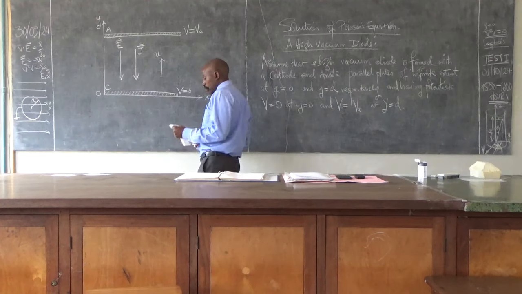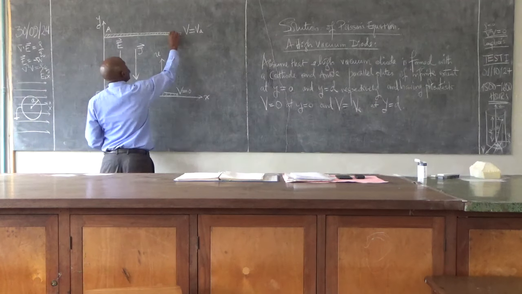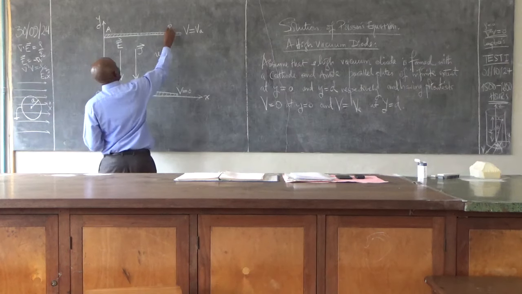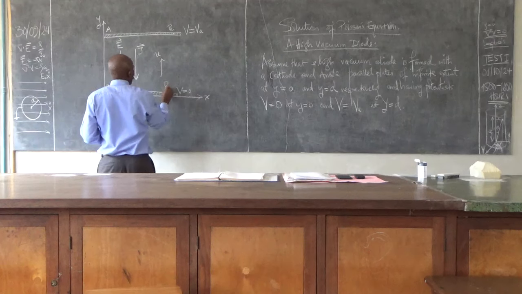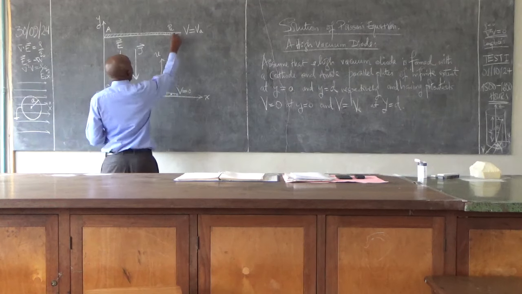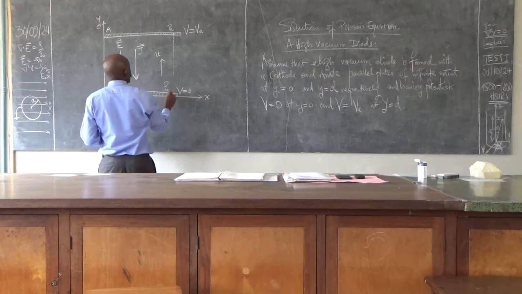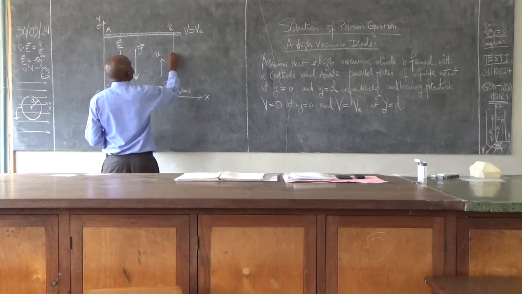And then we shall say that at these two points, you have a point P here at the anode, and a point here at the cathode. And we shall take some point in between our vacuum diode, somewhere around here.